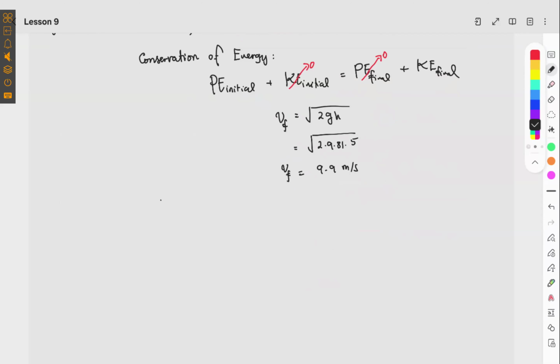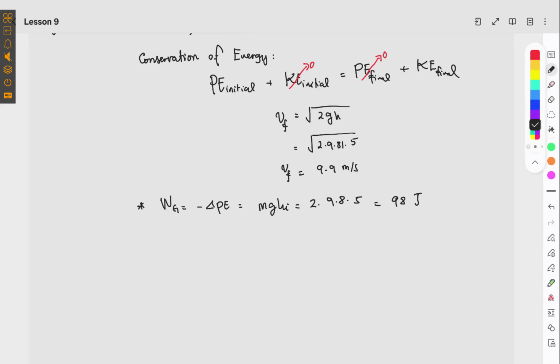Now the work done by gravity is simply the negative of delta potential energy, which is just mgh. So that is 2 times 9.8 times 5, which is just equal to 98 joules.